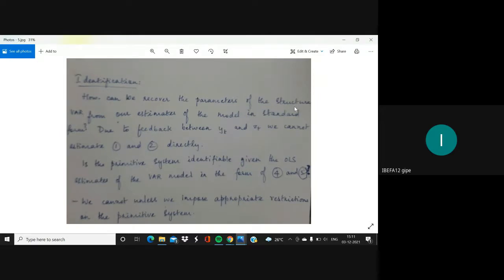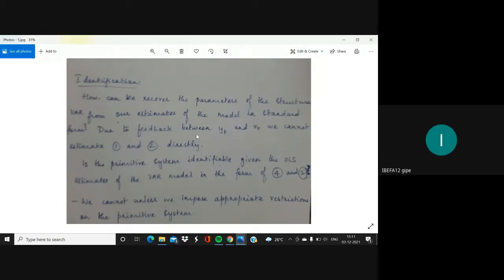We began with the structural model, and ideally we would like to make sure that we actually are able to get the estimates of the parameters from that model, the model that we started out with. But is it possible to actually recover the parameters of the structural VAR from our estimates of the model in the standard form?